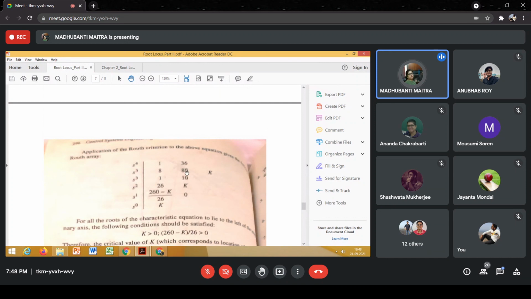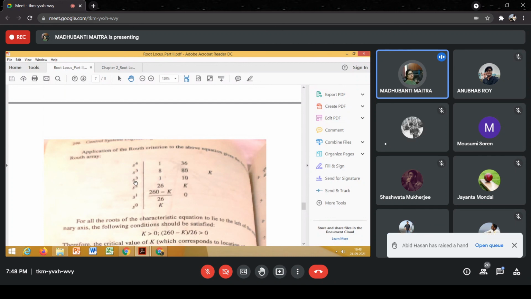So they have divided the elements of this row by 8. So now the new elements of this row corresponding to s cube are 1 and 10.